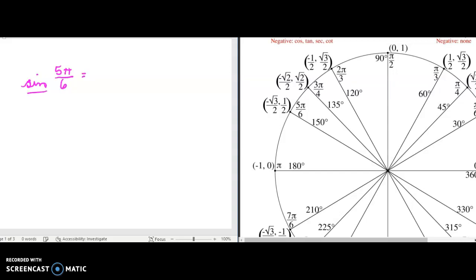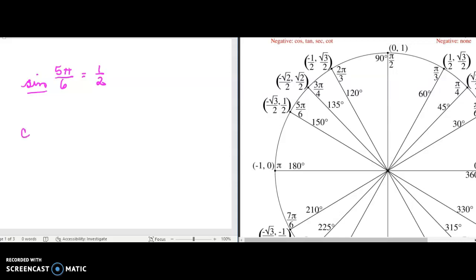Sine is associated with the y value. So what I'm really asking you is, what is the y value of 5 pi over 6? If you look on your unit circle at a 150-degree angle, in radians 150 is 5 pi over 6. The sine is 1/2. The sine is the y value.